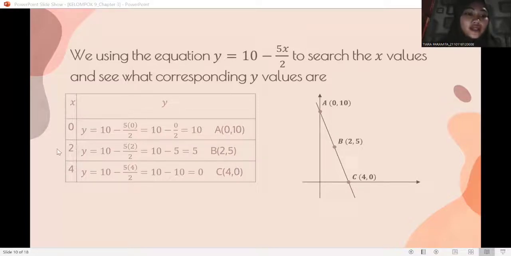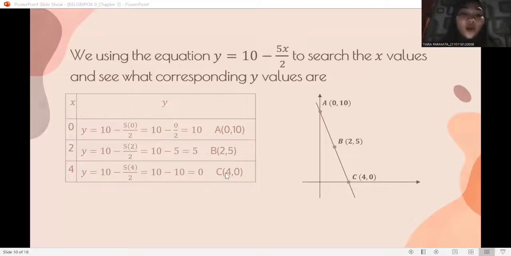For x equals 2, y equals 5. So the point becomes B (2, 5). For x equals 4, y equals 0.